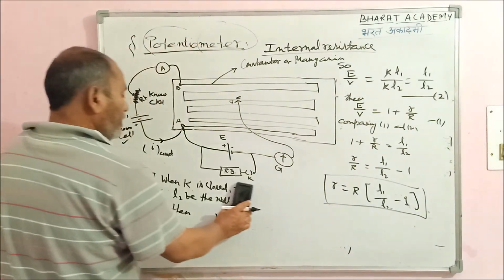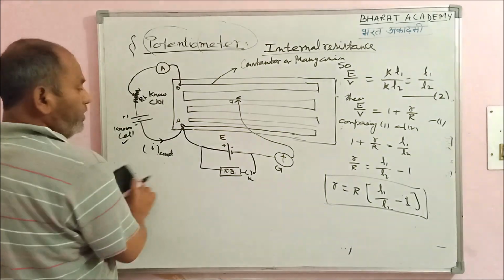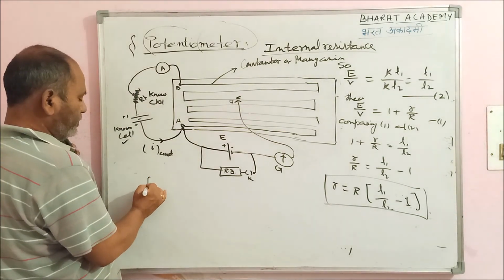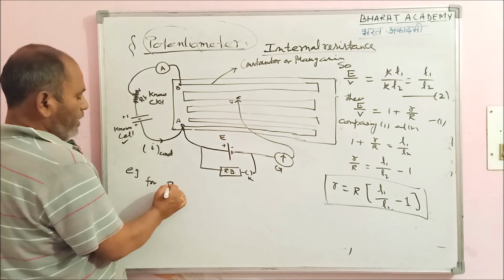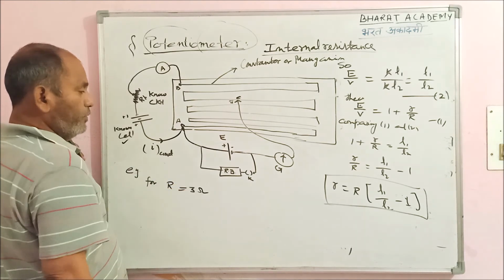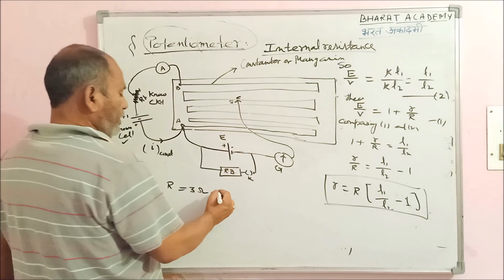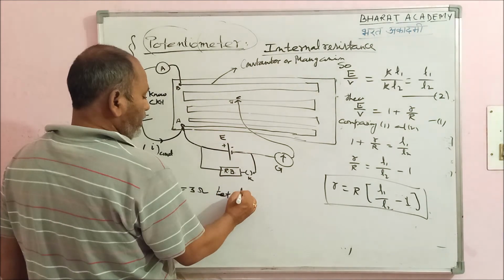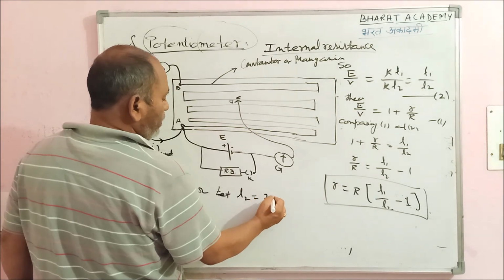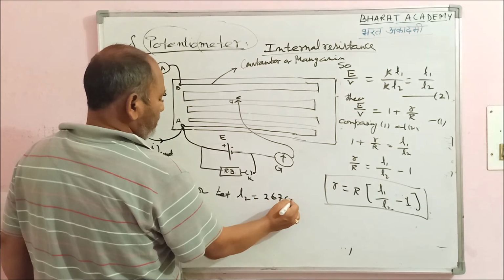How to do it practically while taking the reading? For example, I am having R equal to 3 ohm. Let L2 be 267 centimeter.